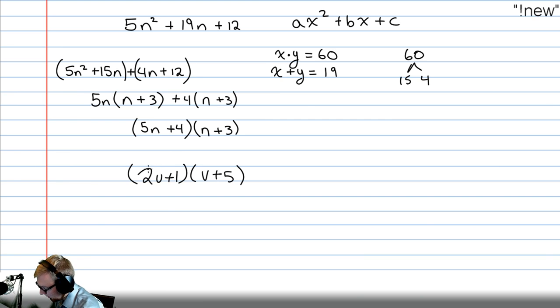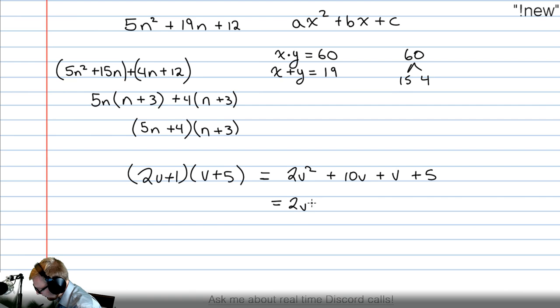So how would you foil this out? 2v times v is 2v squared, and then 2v times 5, and then 1 times v, and then plus 5, which gives us 2v squared plus 11v plus 5.